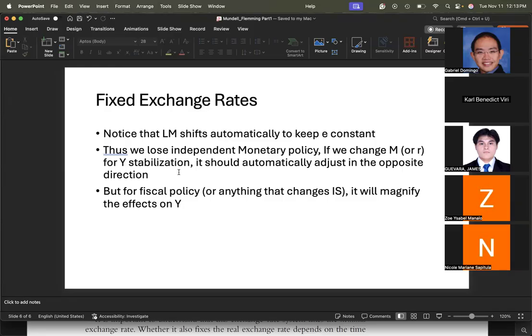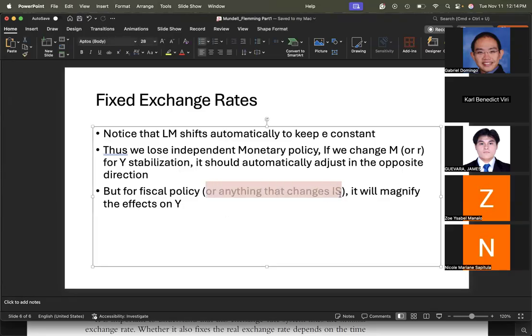Because as long as the BSP is willing and able to buy and sell foreign currency at the rate that it wants, which is the official fixed rate, then the M will automatically change to shift LM to the correct position. Okay. But for fiscal policy or anything else that changes IS, it will magnify the effects on Y. Okay, so that's super important.